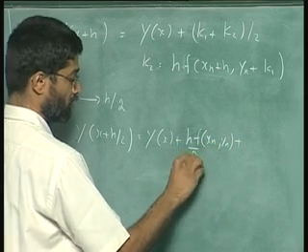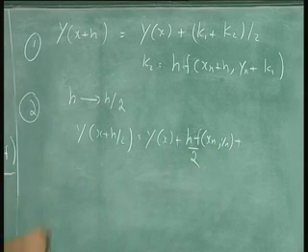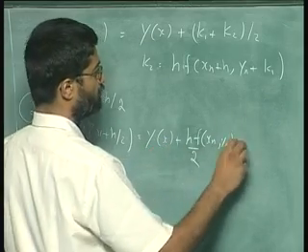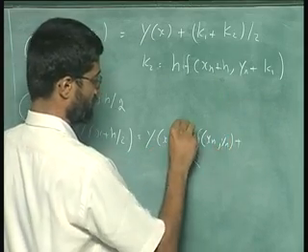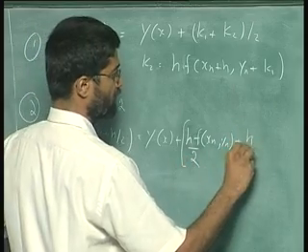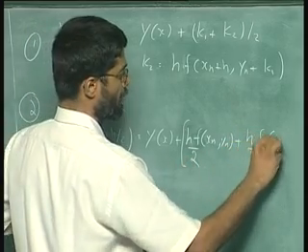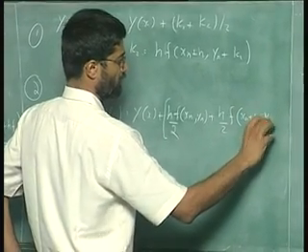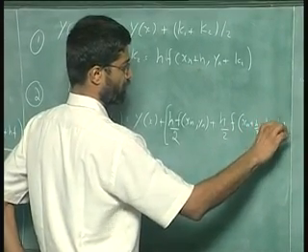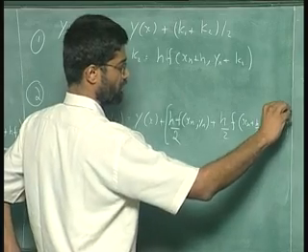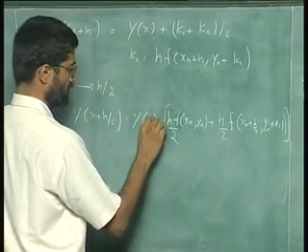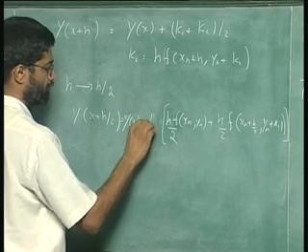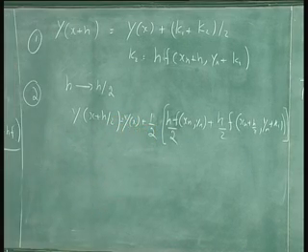Now we are going by step size half, so h is going to h by 2, so we are doing h by 2 steps. Again the function value evaluated at xn plus h by 2 and yn plus k1, and there is a half outside again. So that will be my second step.